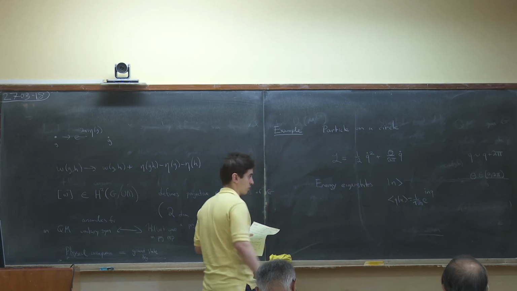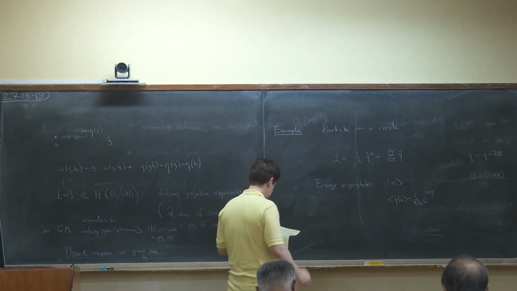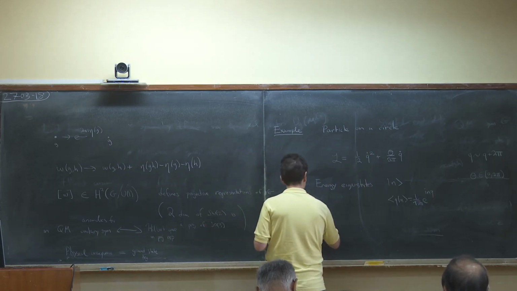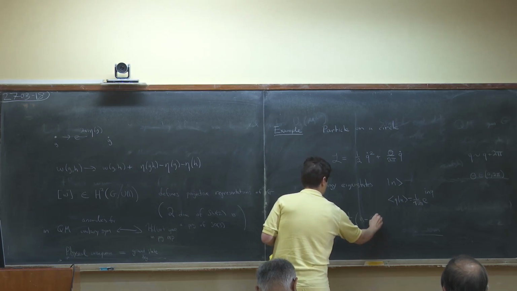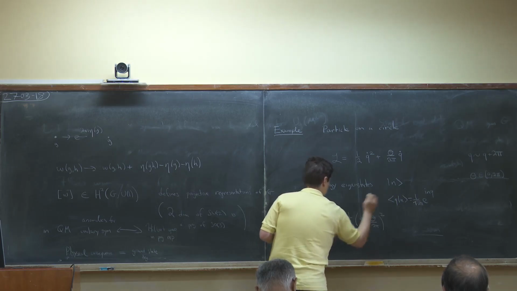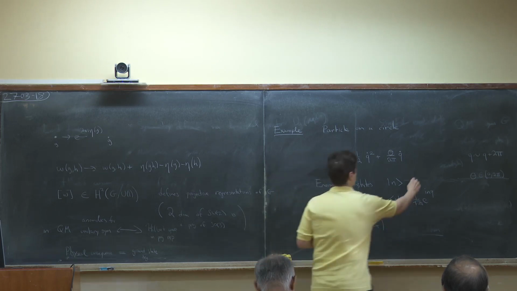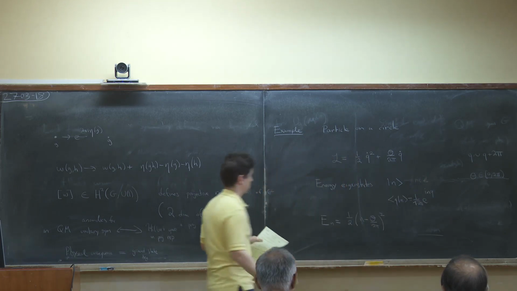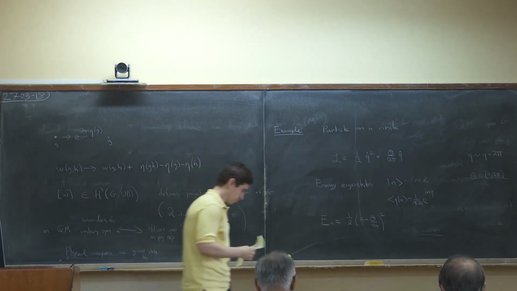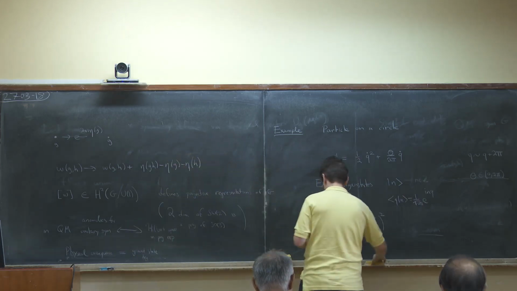So the wave functions are 2 pi periodic, and the energies of these states are that. So n is in Z here. Okay, so that's the solution.